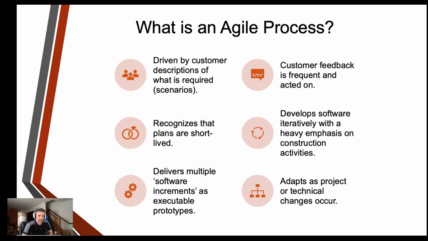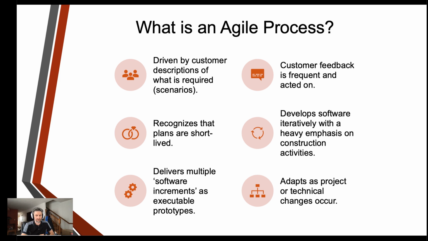All right. So what is an agile process? It's driven by what the customer wants, the descriptions that they're given. So there will be scenarios and use cases developed, and these will be used as a roadmap or a platform for us to understand exactly what needs to be created.